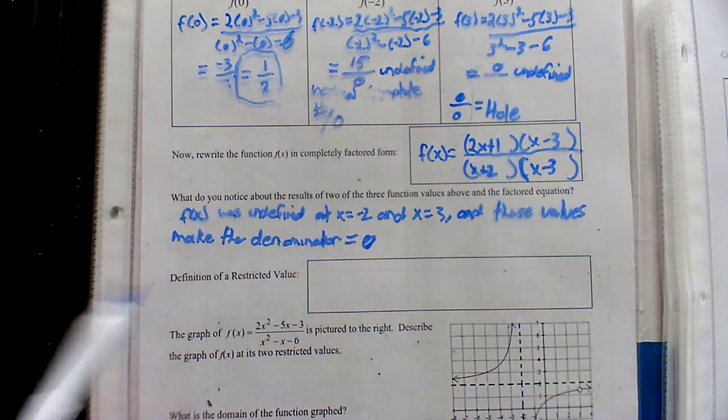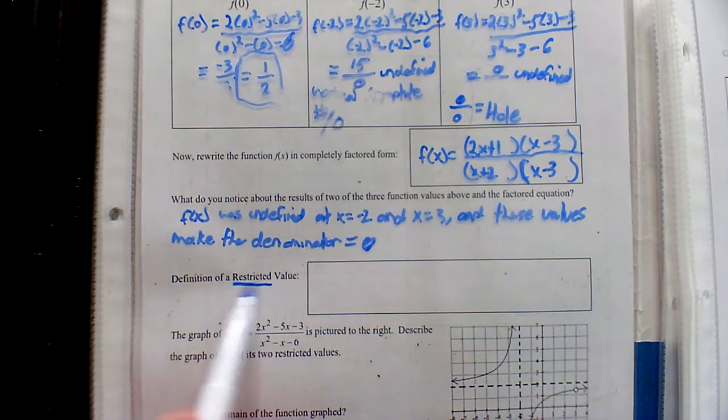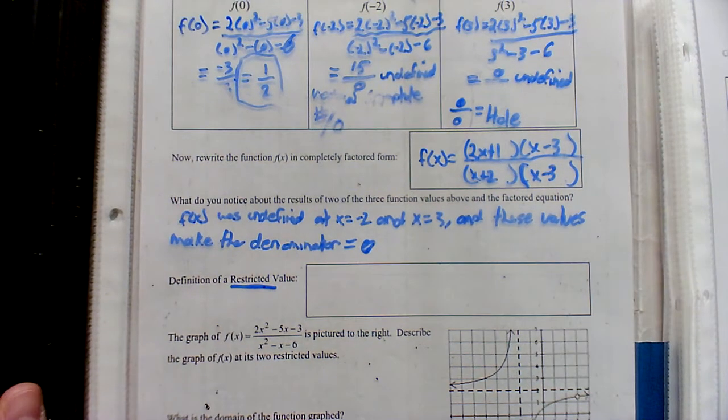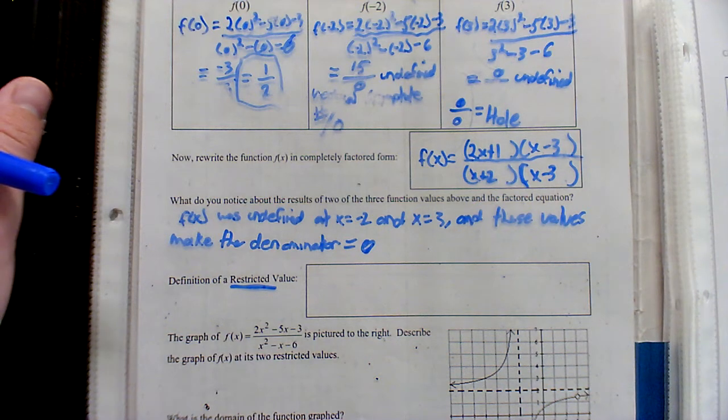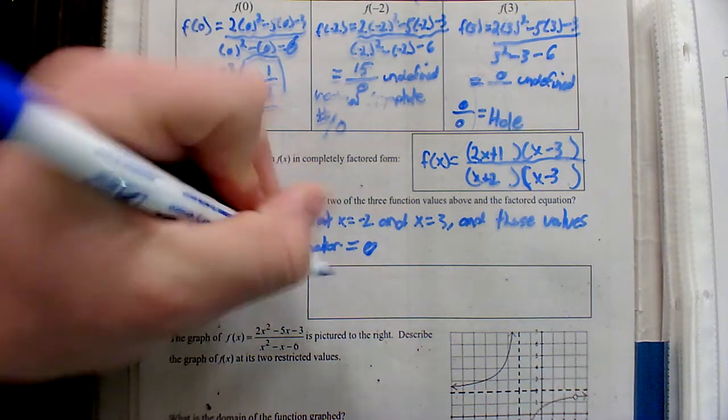Now we're going to talk about the definition of a restricted value. We're going to write down the formal definition, but it's going to be this value x, some x on your function that has no y value. So the function's undefined at that x value.